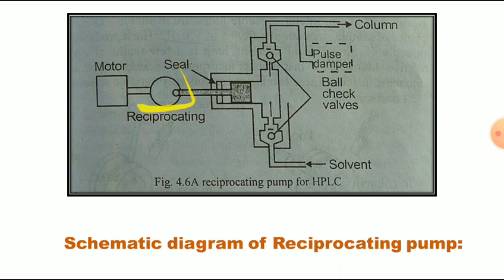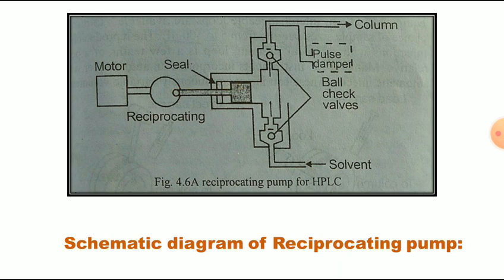Here will be the reciprocating process. Here will be the seal. This is the chamber, and this part will be the piston. That piston will be connected to the reciprocating mechanism through this motor. That means with the help of this motor, this piston will work, right?